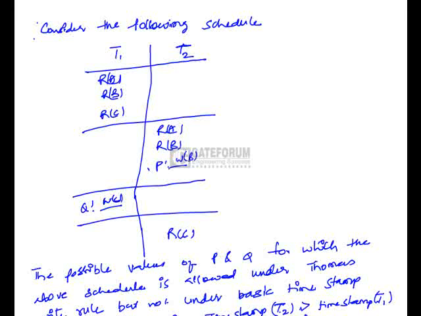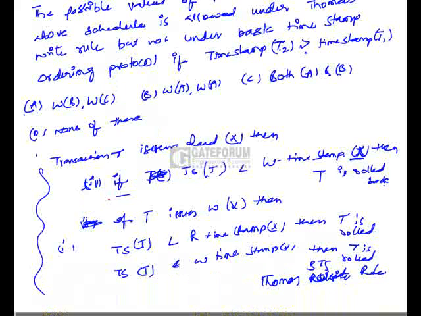If it is write B and write C, let us check if this schedule is allowed under basic timestamp ordering protocol or not. Here it is given that transaction T1 has arrived earlier. Whenever this write operation is called, it will check for these conditions.